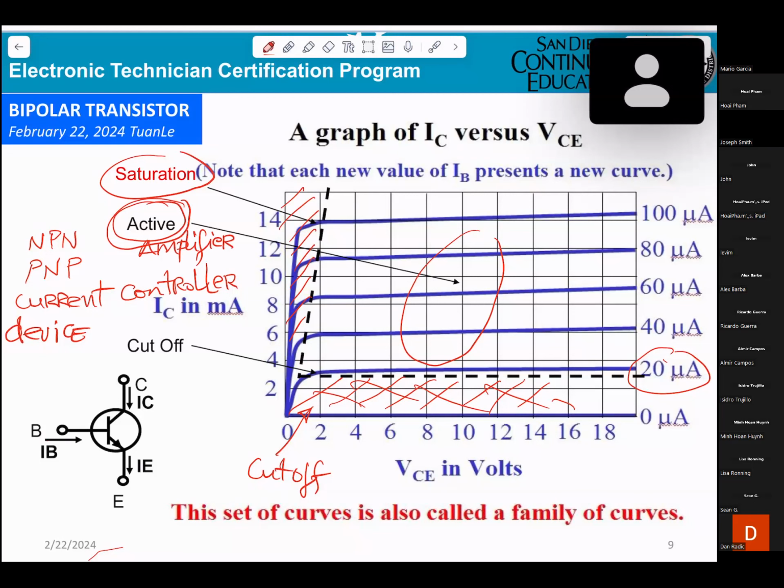So that will be half for the designer. They want to design a transistor working as an amplifier. They can pick a point here, which they call a Q point.